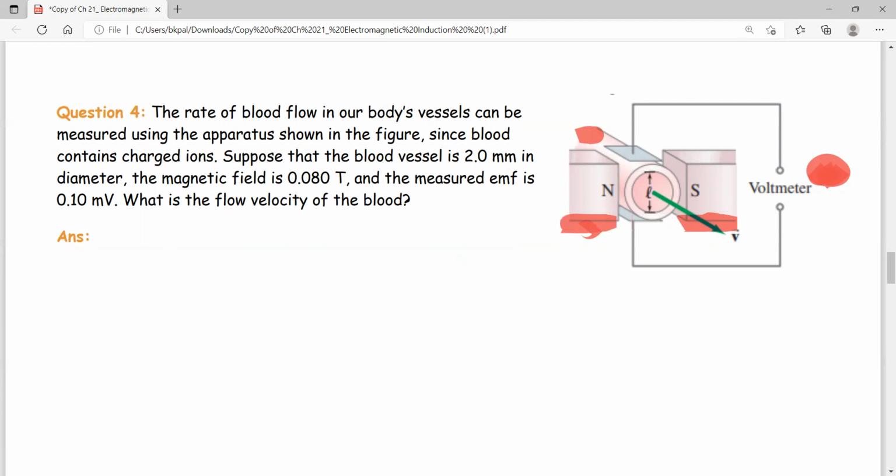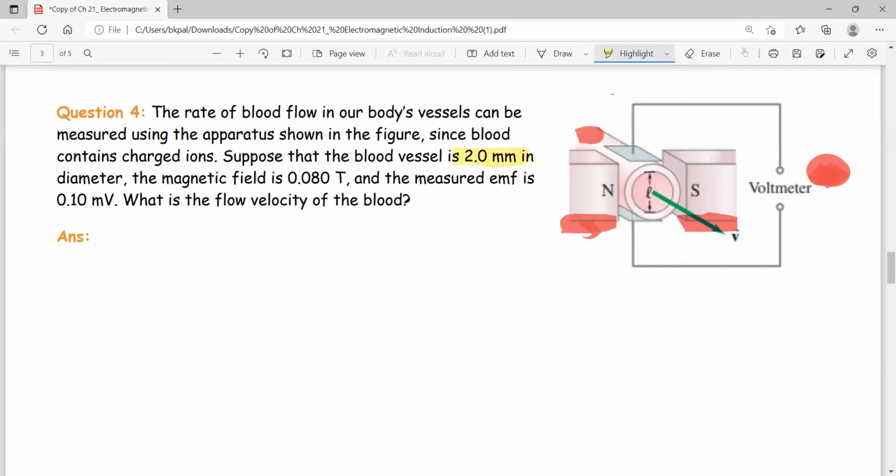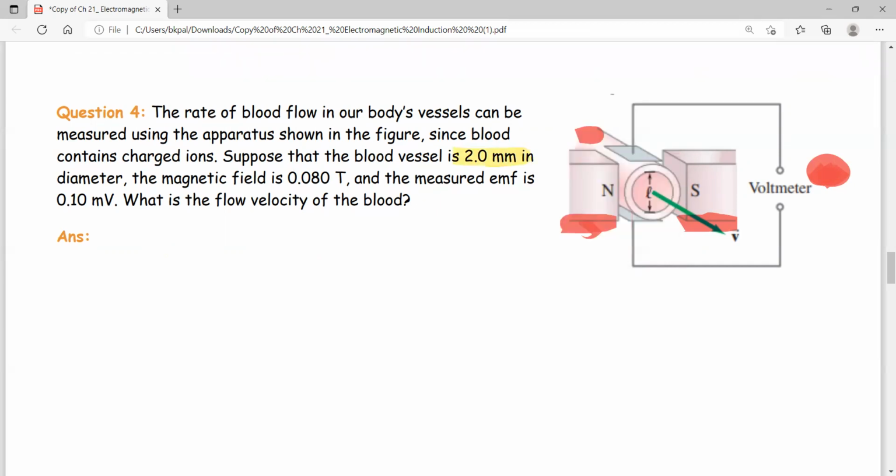To do that, let's assume the diameter of the blood vessel is 2 millimeter, so L is 2 millimeter, and the magnetic field that is used is 0.08 Tesla.